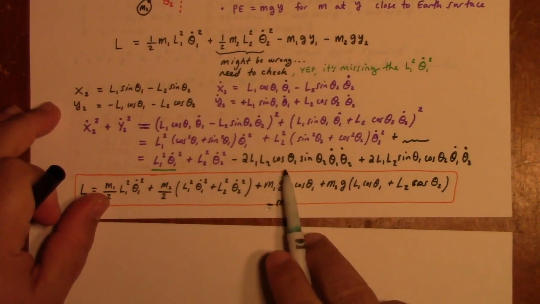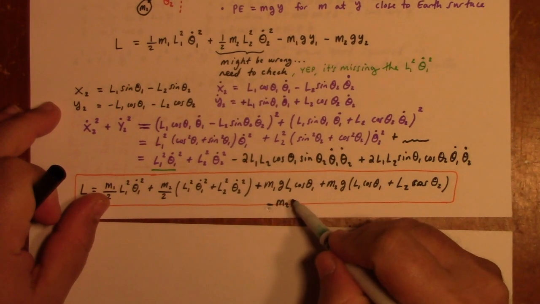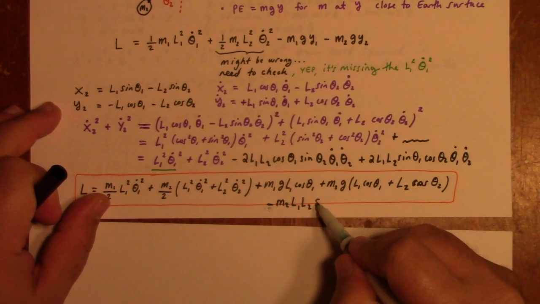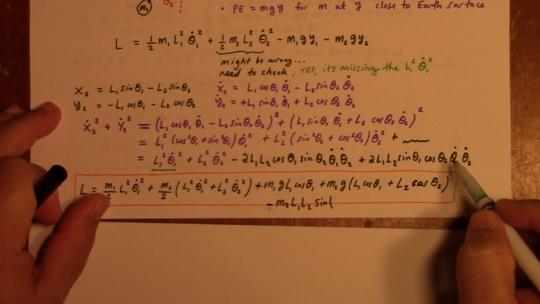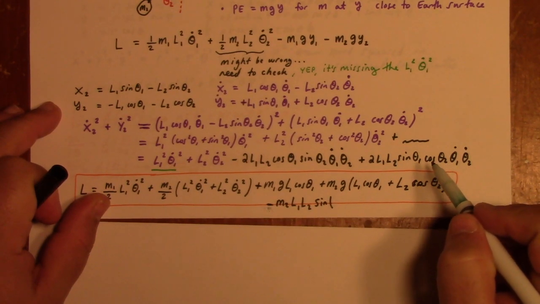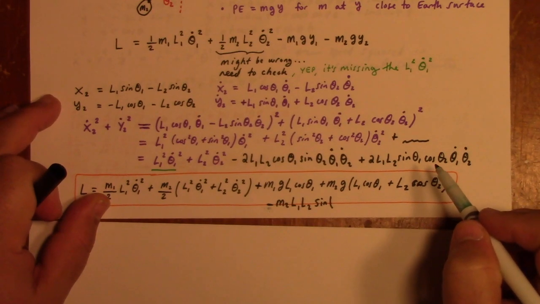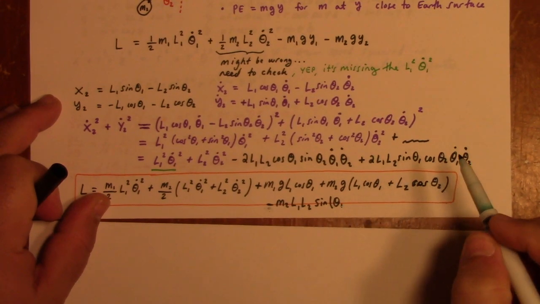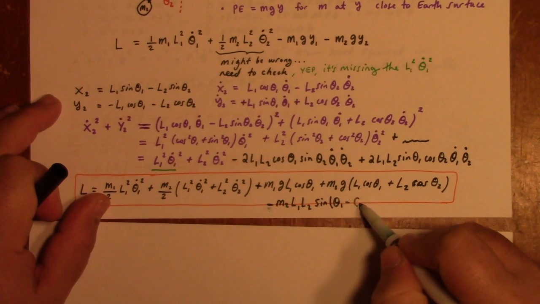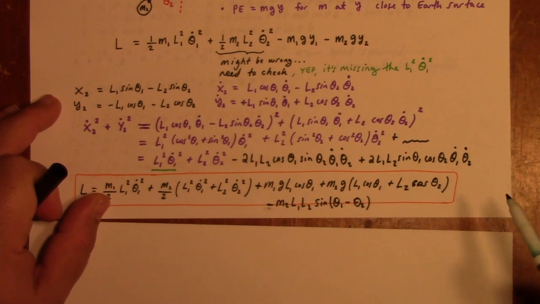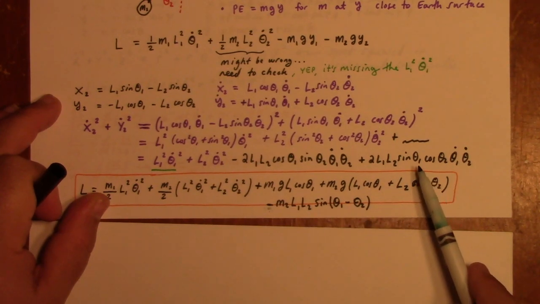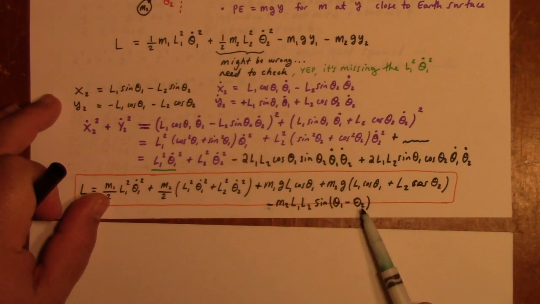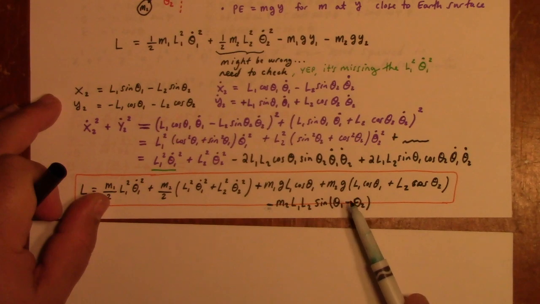All right, m2, and I can combine these two because I can use the adding angles formula. So I've got a minus 2 L1 L2, and then let's say sine of, hopefully I'll get it right, theta 1 minus theta 2, I think that's what I want, because this minus is on the sine theta 2, so I get sine theta 1 cosine theta 2 minus cosine theta 1 sine theta 2.